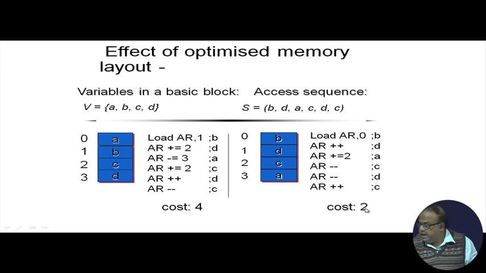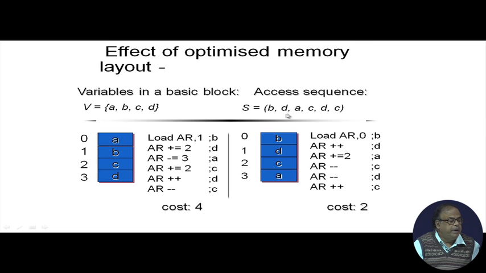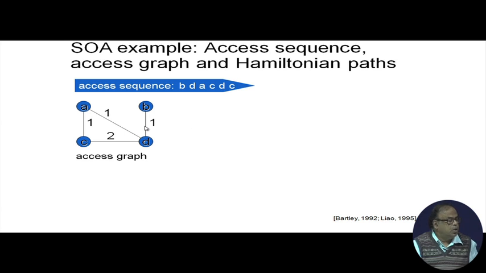Now, we have to see how we can arrive at this. This we have done as a simple example, we will remain within a simple example, but suppose I have got an access sequence as I was showing here, B D A C D C. So, first I build an access graph.